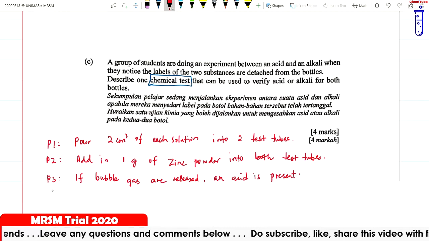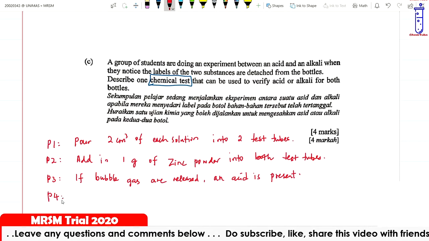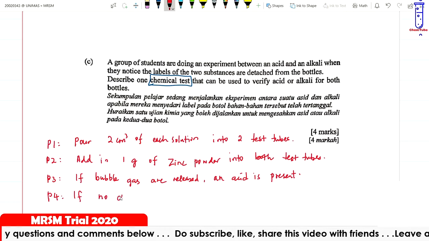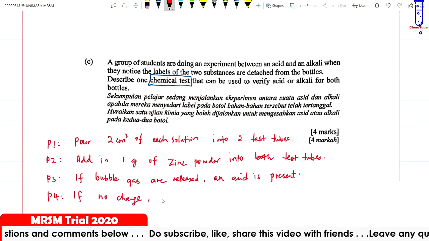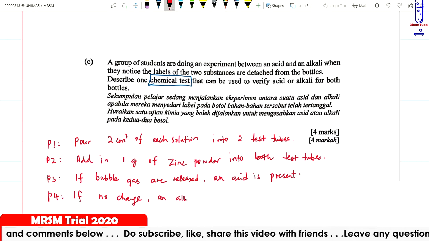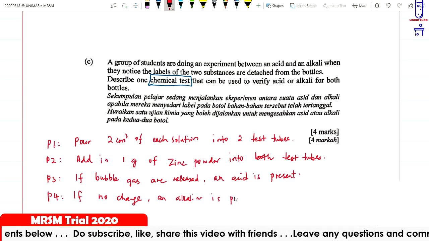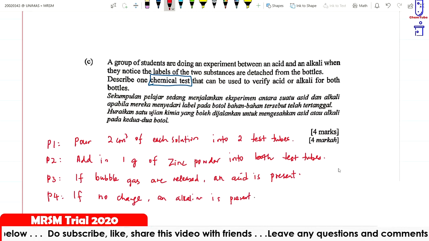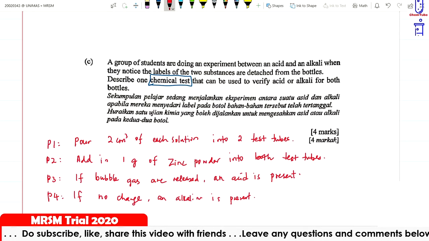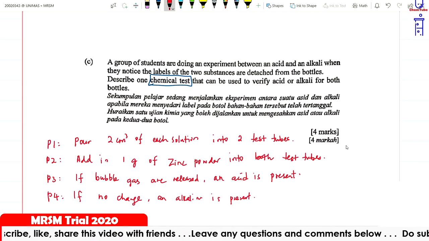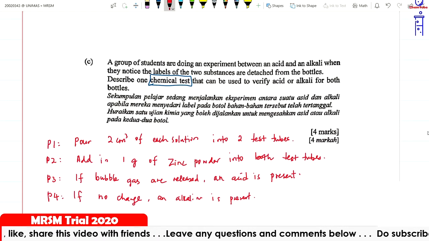Then if there is no change, an alkaline is present. So from here we can determine whether acid or alkaline is present.